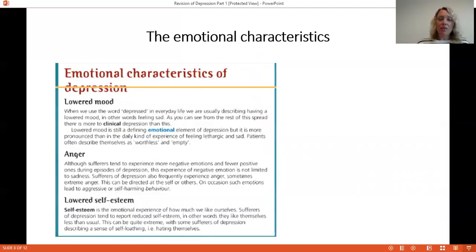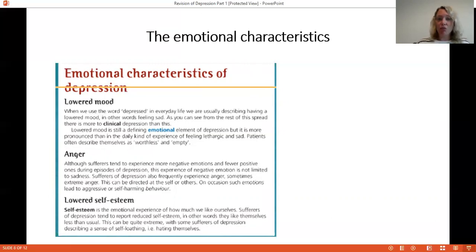Okay, so now we're going to move on to the emotional characteristics of depression, and again, think in that group of three, and start with the one which links very directly into the behaviour of aggression. And that is the middle one, the emotion of anger. So if you just have a look at what it says here, it talks about sufferers tend to experience more negative emotions, fewer positive emotions, but that experience of negative emotions isn't just sadness, which is linked into the first one, lowered mood.